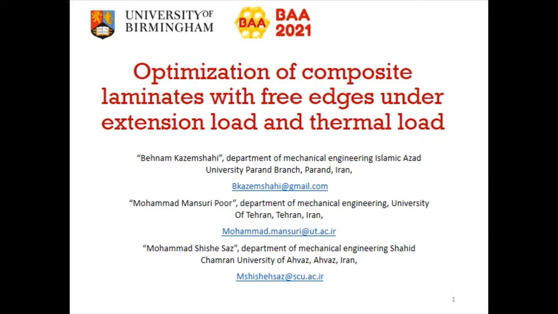We published a paper in Springer Journal in August 2021. The topic is optimization of composite laminates with free edge under extension load and thermal load.